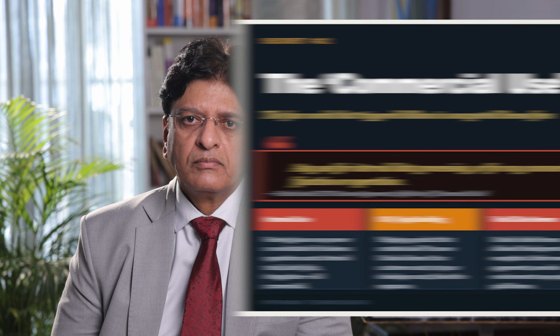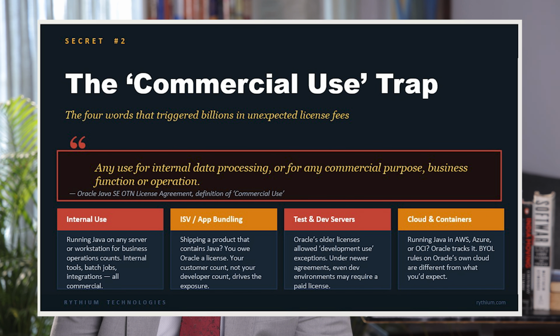Here is the 4-word phrase that has generated more unexpected Oracle invoices than almost anything else in enterprise software. Any commercial purpose, business function, or operation. Read those words carefully. Any commercial purpose, business function, or operation.